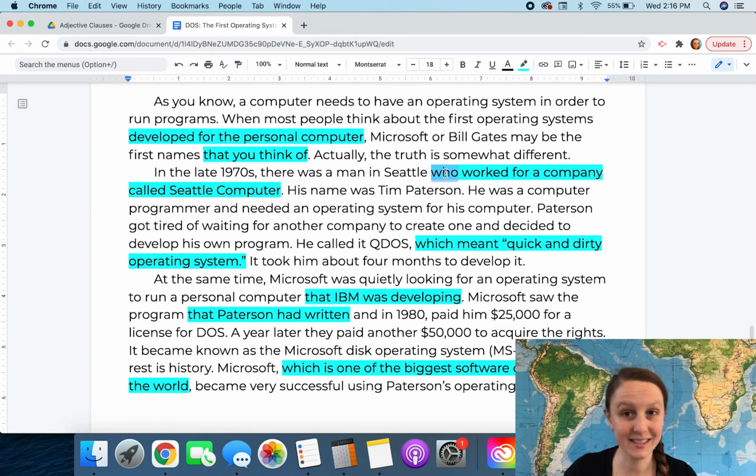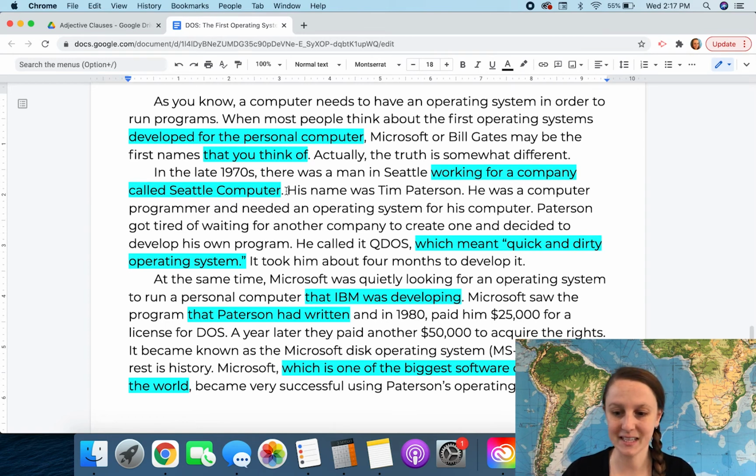We still can delete the subject relative pronoun, and then we change the verb to an ing verb. So our sentence becomes, in the late 1970s, there was a man in Seattle working for a company called Seattle Computer. So we have our two adjective phrases reduced from adjective clauses.